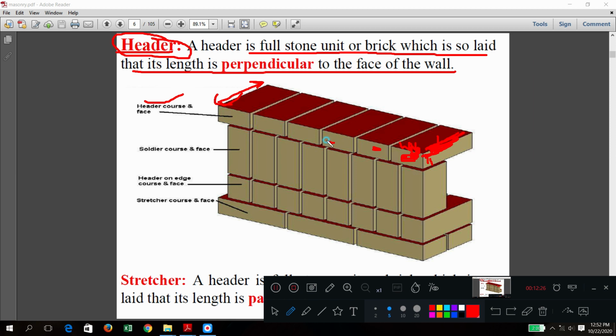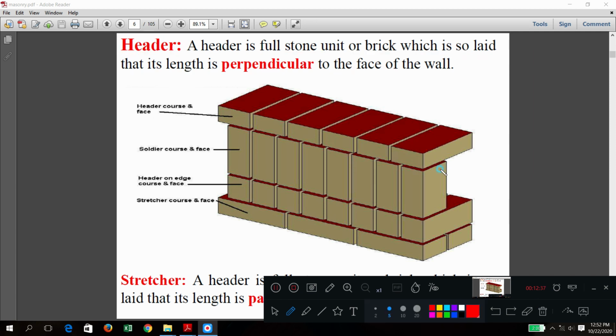This portion is called the face. That is why it is written header course and face. I hope it is clear now. When a particular brick or unit is kept in the construction such that its length is perpendicular to the face of the wall, its length is not seen here.